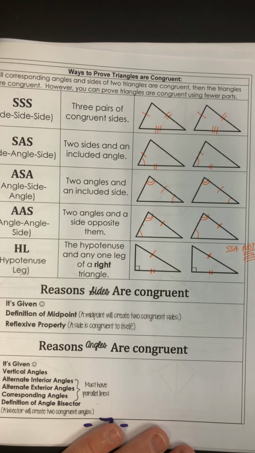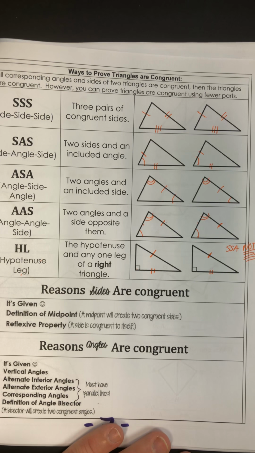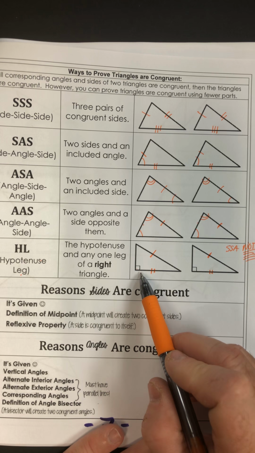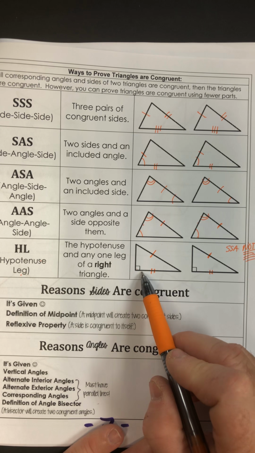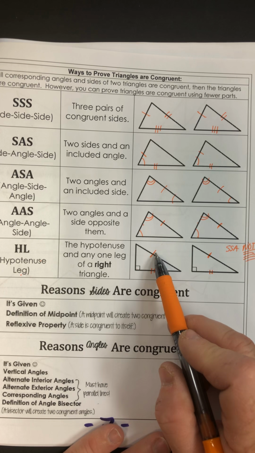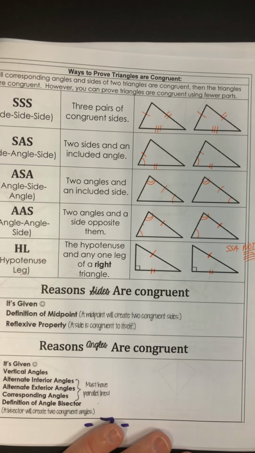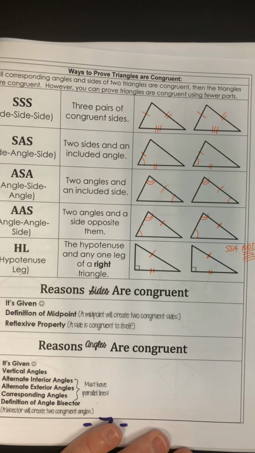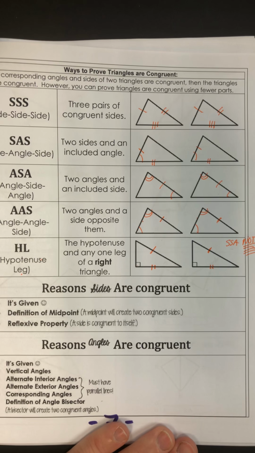It cannot be side, side, angle or angle, side, side. Now, if that angle is a right angle, and one of the two sides is the hypotenuse, then it's hypotenuse leg. It's not side, side, angle, it's hypotenuse leg. So make sure you understand what and when to use hypotenuse leg.